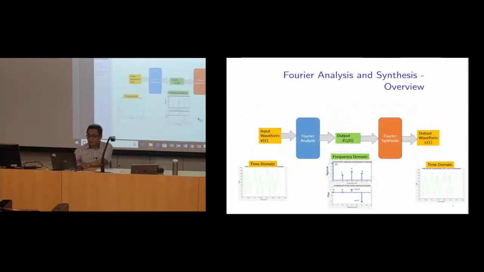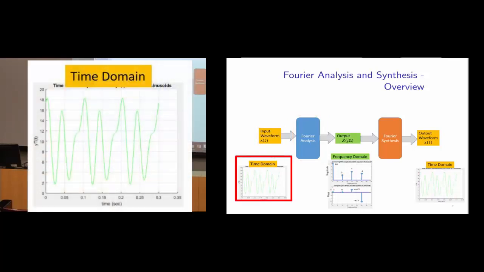We now have a simple figure to show what we mean. Here, x of t is represented by this orange box. This is being sent into the Fourier analysis machine. X of t is a time domain representation as shown below.